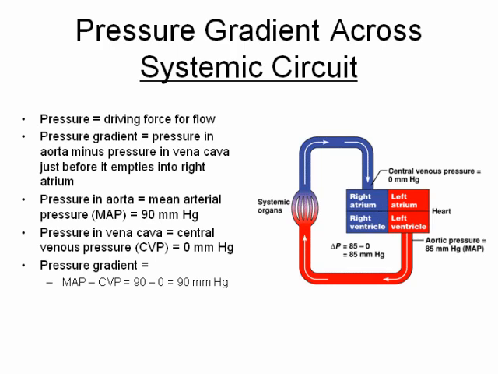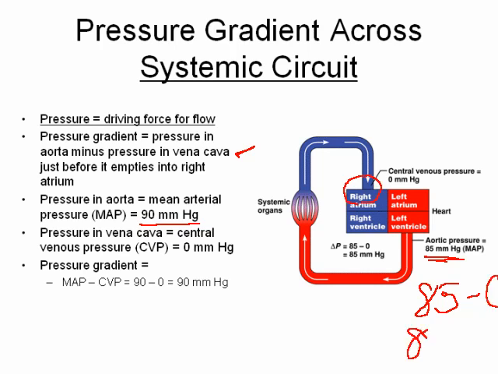Pressure gradient is pressure in the aorta minus the pressure in the vena cava. So as stated here, aortic pressure 85. Mean arterial pressure generally is about 90 to 100. We have 85 minus the pressure here in the right atrium, which is at about 0.